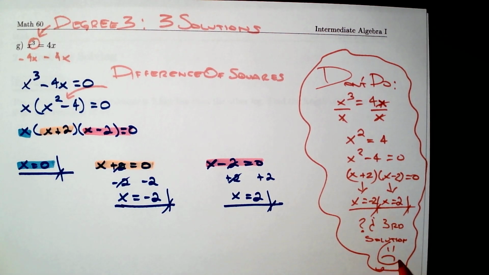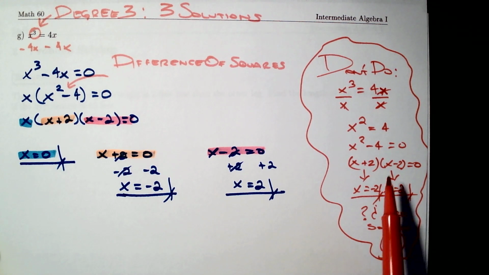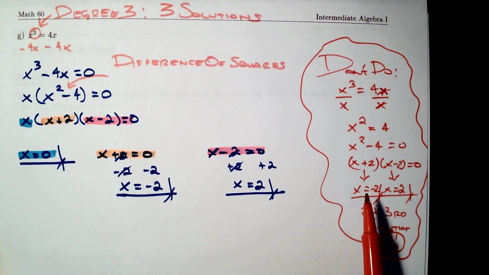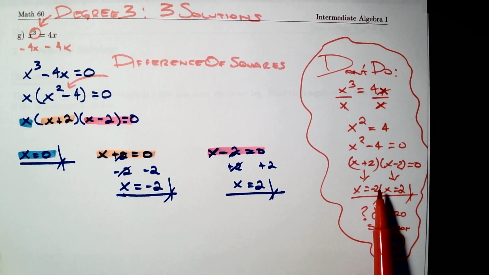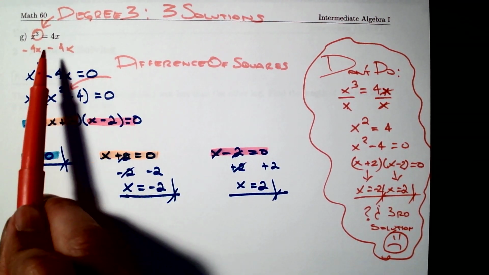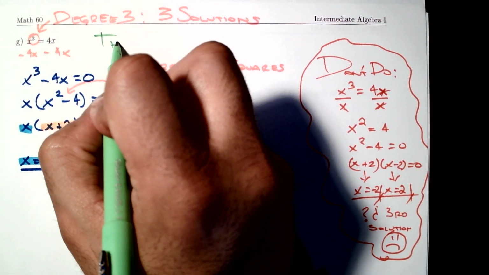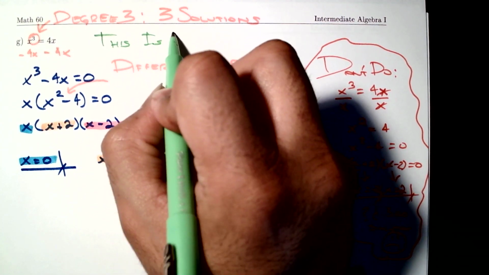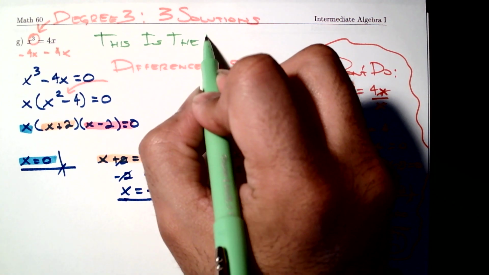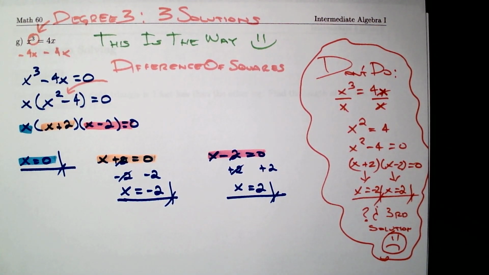So when you do the homework on MyMathLab, if you do it this way, you will be presenting only 2 solutions. You put it on MyMathLab, it's going to mark it wrong. So that's why this is correct. All right, this is the way in this case.